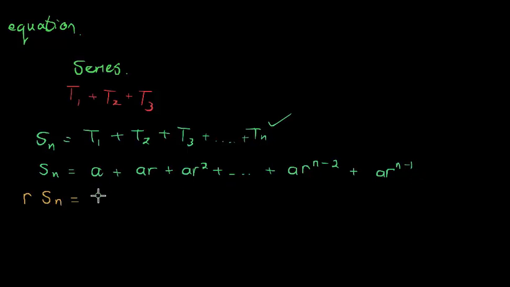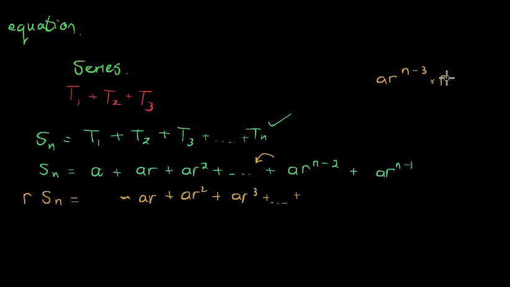Okay, and the reason why, now notice, if I take the first term times r, I get the second term. And then if I multiply this term with an r, I get the third term. And so if I multiply this one with an r, I get the fourth term. And then there's a bunch of terms that I don't write out. The one before this one would be AR^(n-3).